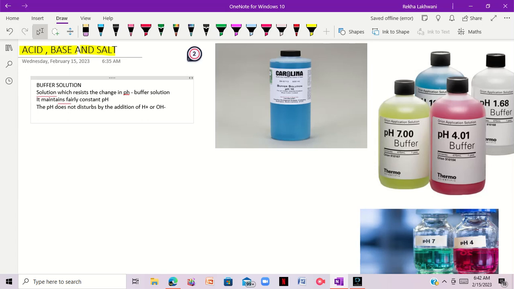The pH does not get disturbed, or it maintains a fairly constant pH. That solution is basically known as a buffer solution, right?